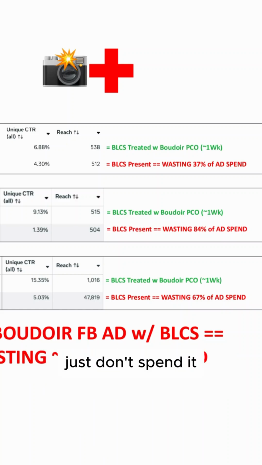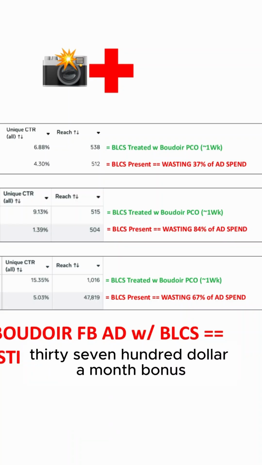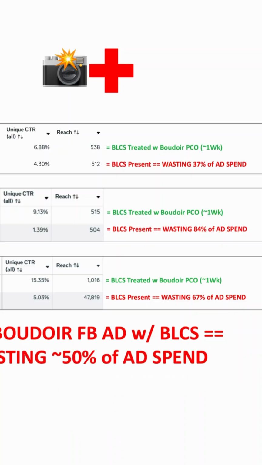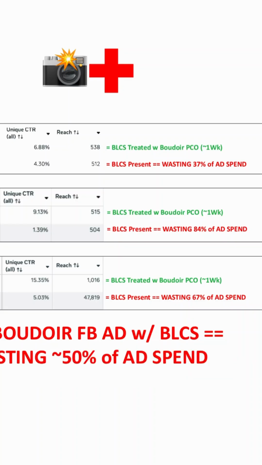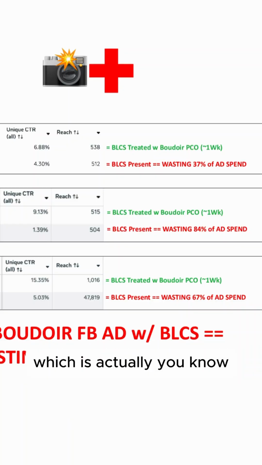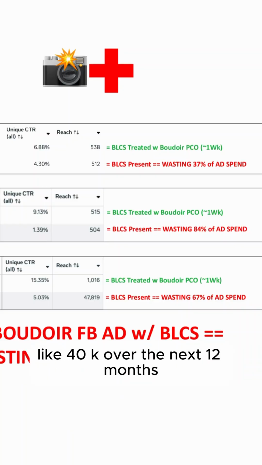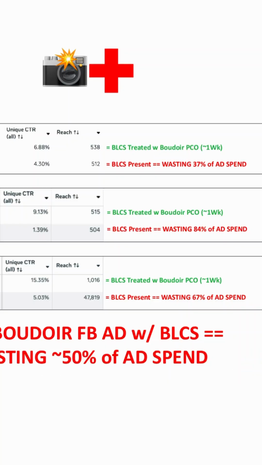They just don't spend it because it would have all been wasted anyways. And kind of a bonus, $3,700 a month bonus. And so that's given them $3,700 a month, which is actually like 40K over the next 12 months, by simply not having to burn that cost.